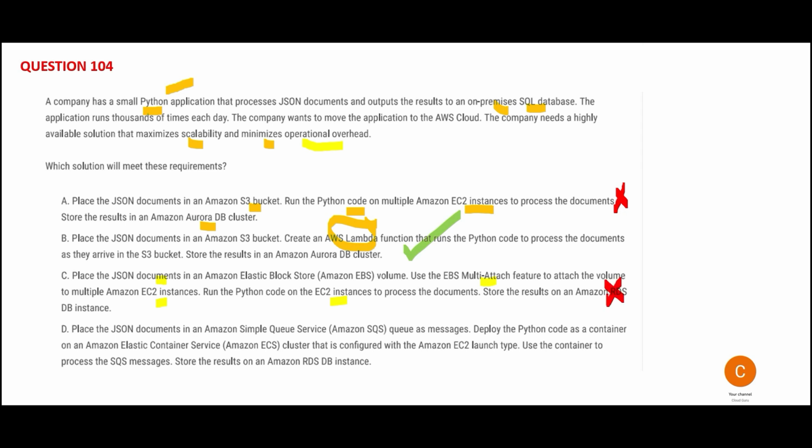I'm marking C as wrong. Now D tells that you would put the docs on SQS. Come on, you cannot do that. There is a limit on the size of the messages. If you are going to put JSON docs on it, it may not fit in some scenarios. So I don't think this would suffice. So option B is my answer.